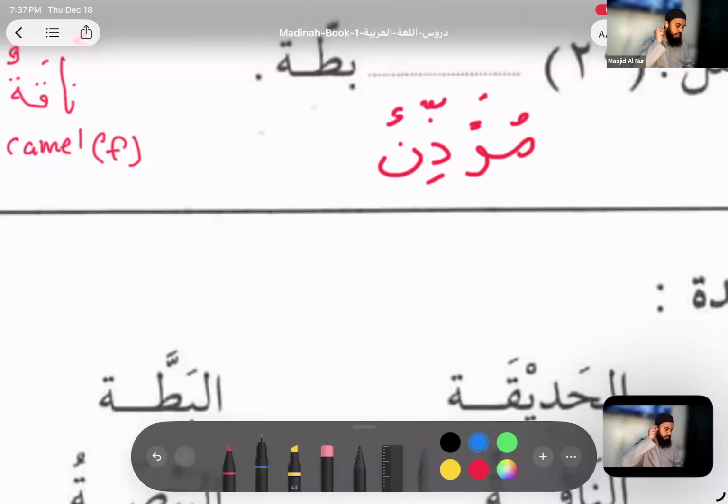We're not going to consider that when we're finding the word. So now we have to look for what? What are the root letters for this? Hamza, dhal, noon. Adhina, to announce. Adhan. Adhina. So announce.